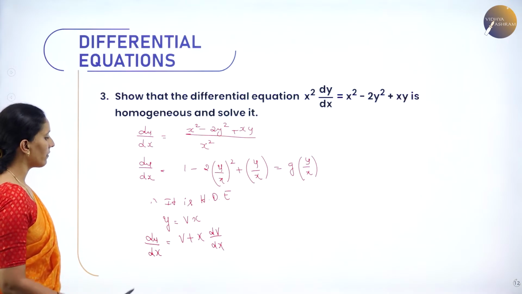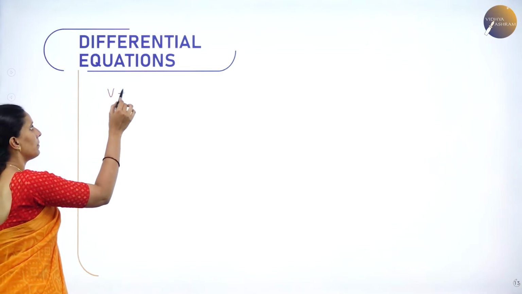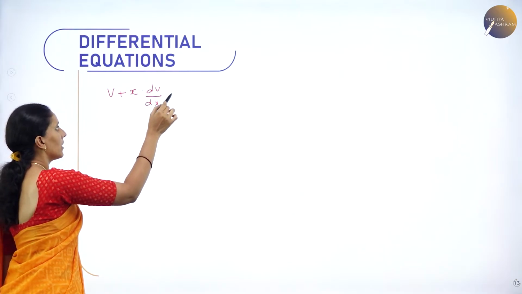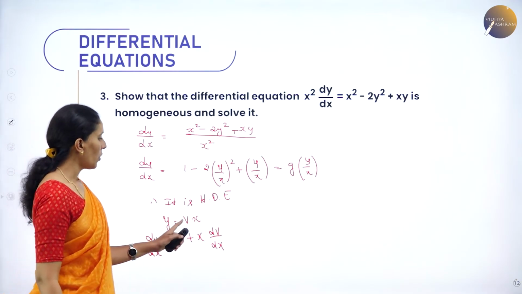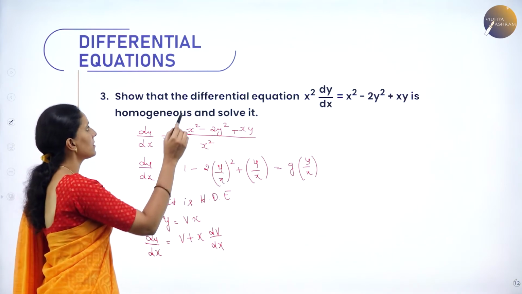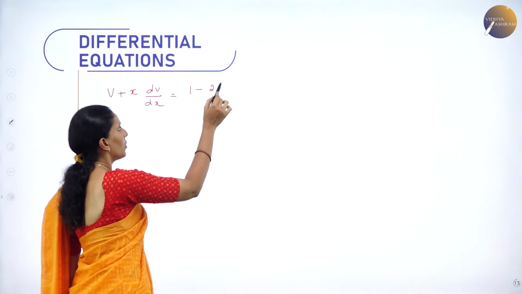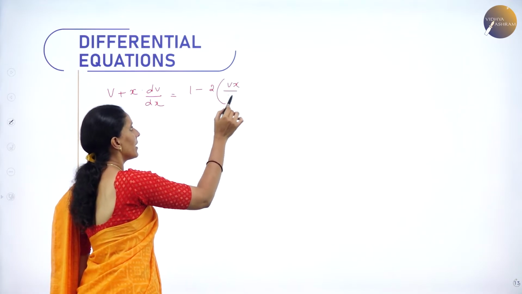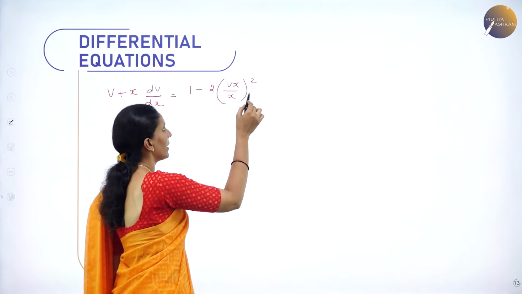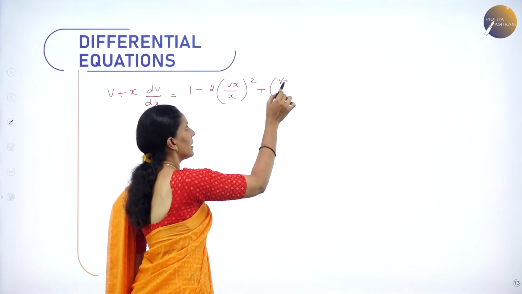In the place of dy by dx, we write v plus x into dv by dx is equal to, and here vx can be replaced for y, then it becomes 1 minus 2 into vx by x whole square, and here we have plus y by x, so it is plus vx by x.